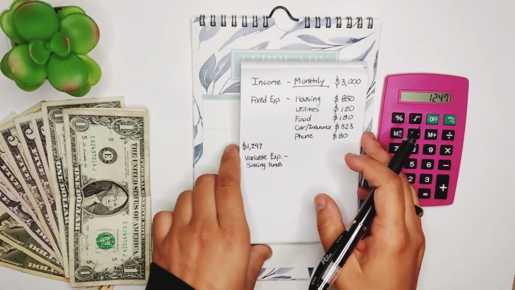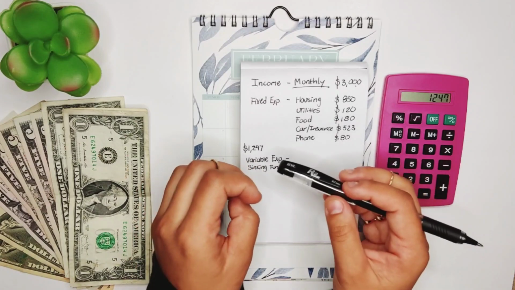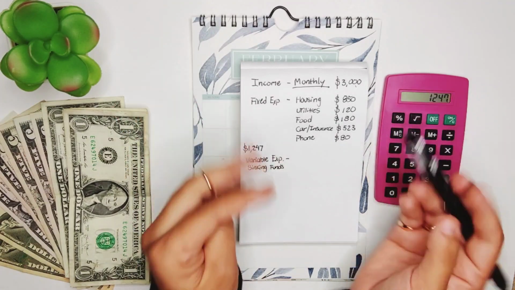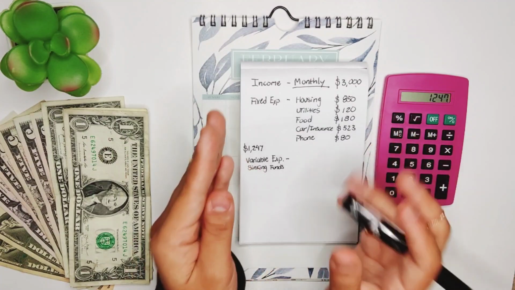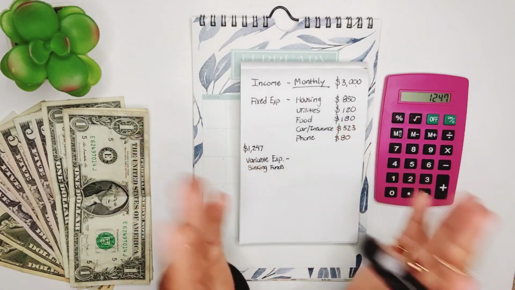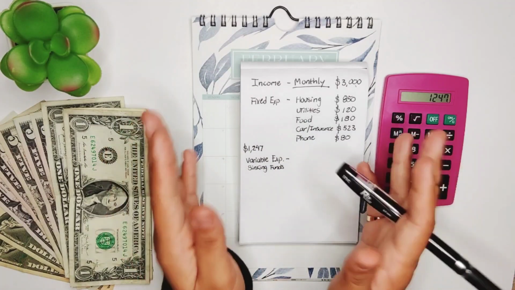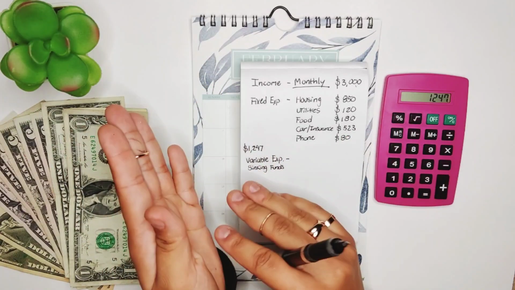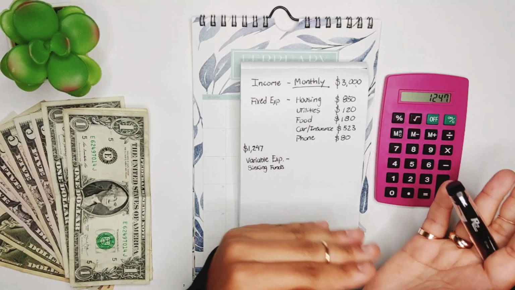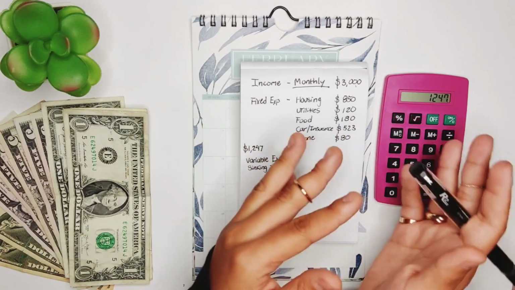So for our variable expenses, I guess let me just call it sinking funds. For our sinking funds, this is going to be the funds that we are setting aside for specific categories that we know that we are expecting to come about in short term or long term, and that we're going to be needing this money when it comes.